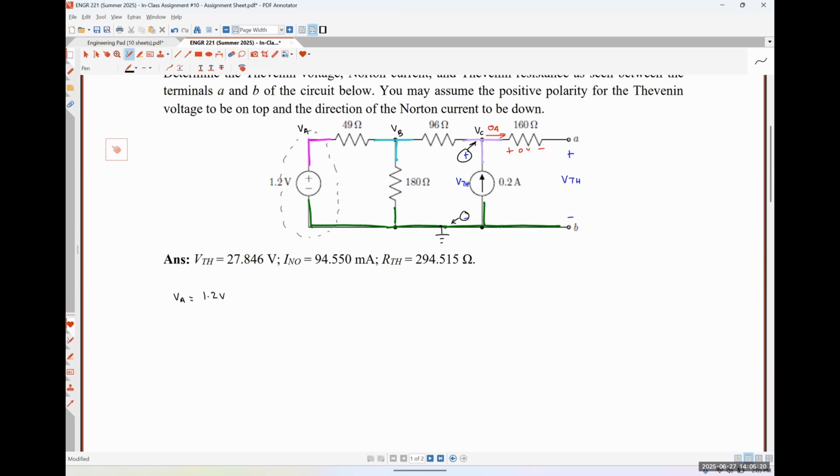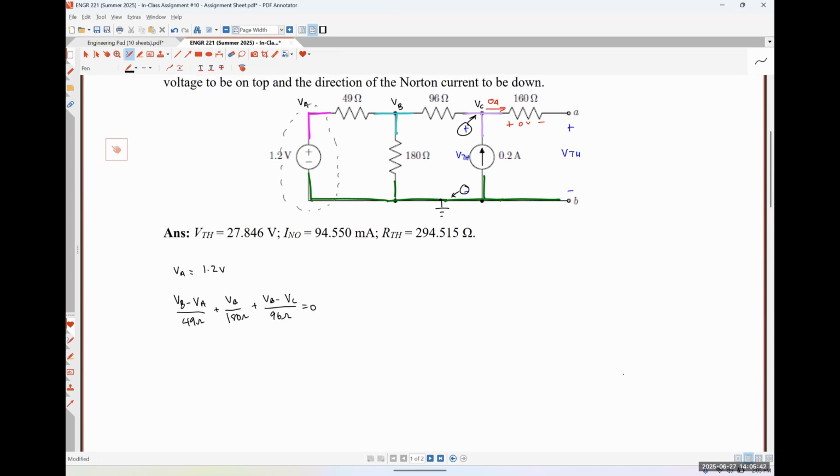So when we apply KCL at node B, we'll get (VB minus VA) over 49 ohms plus VB over 180 ohms plus (VB minus VC) over 96 ohms is equal to 0.